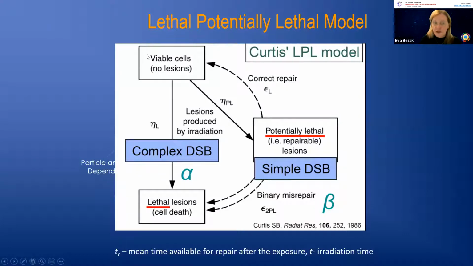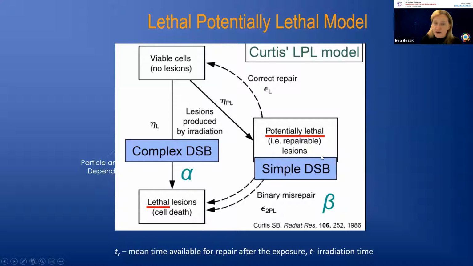So this is really what it does. Initially, you will irradiate all viable cells that don't have any lesions inside the tumors. And the radiation can either cause complex double-strand breaks that will result in lethal lesions and therefore cell death. This is really corresponding to your parameter alpha in the linear quadratic model.